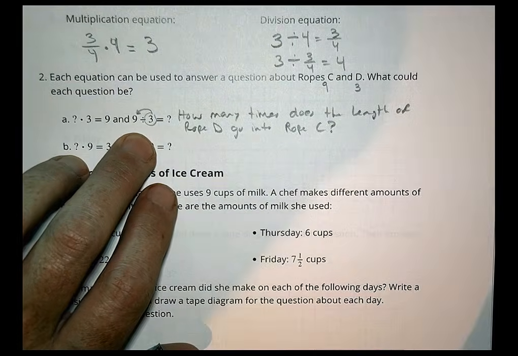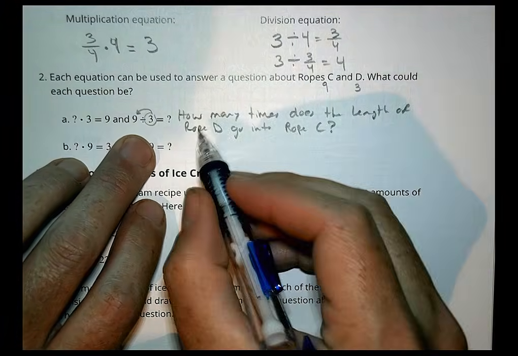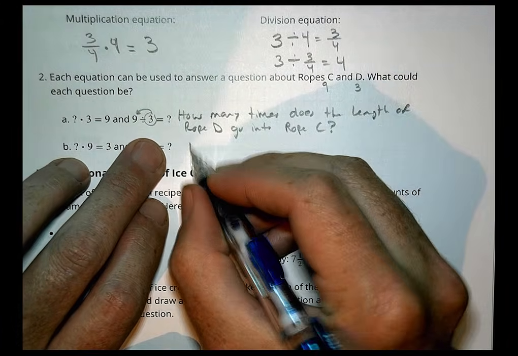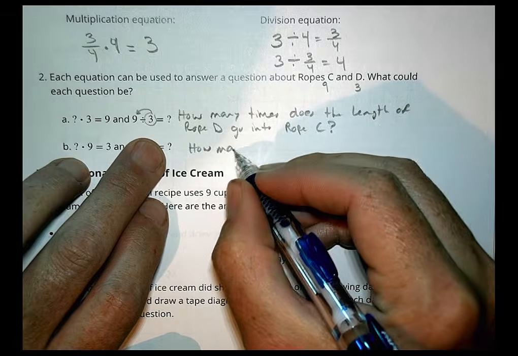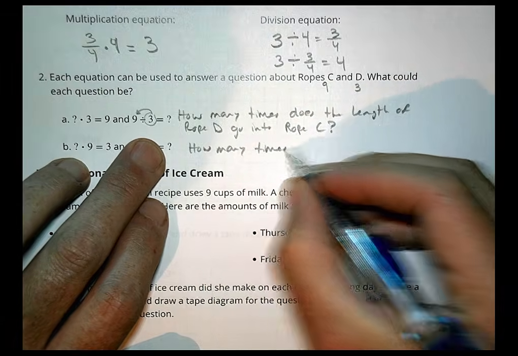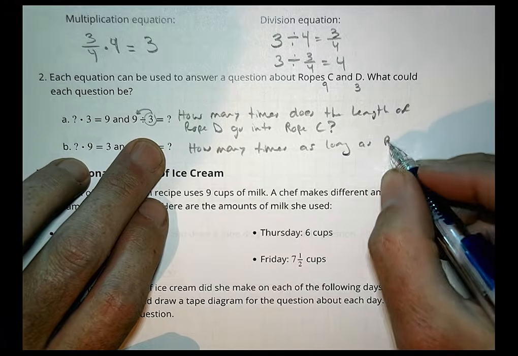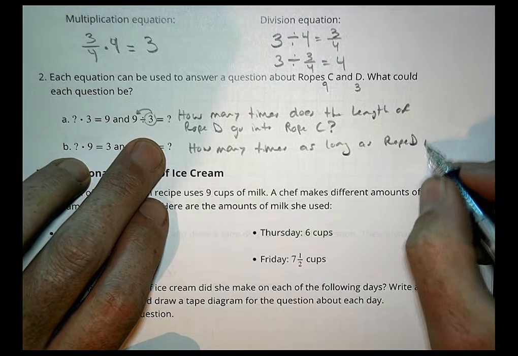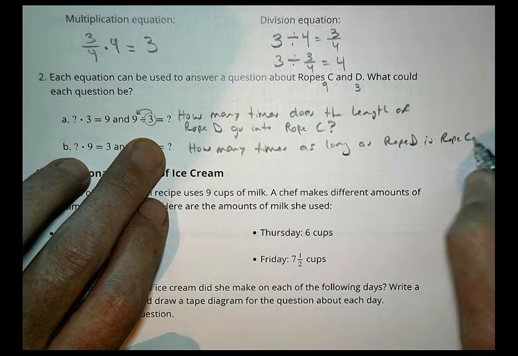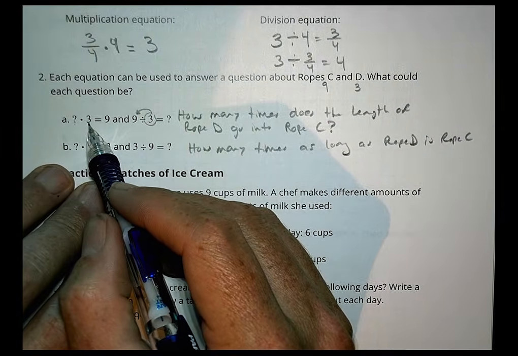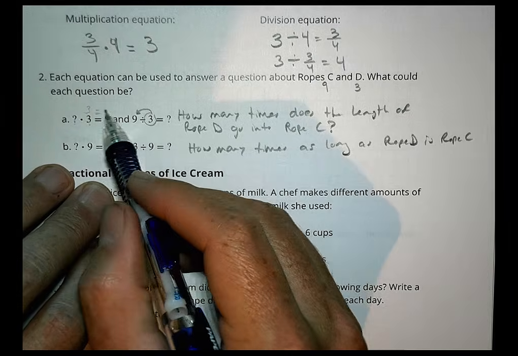You also could say, and I'm going to write this down because it's going to come up in the homework assignment as well, how many times as long as rope D is rope C? So how many times as long as rope D, which is 3, is rope C?